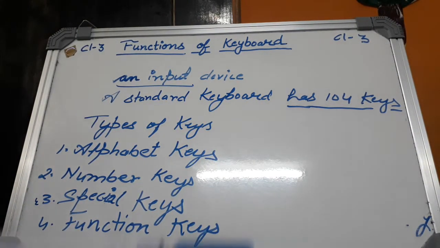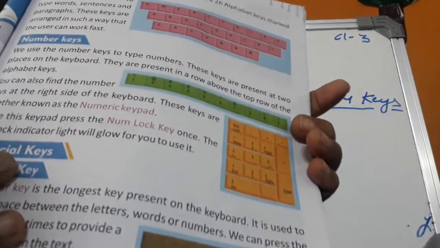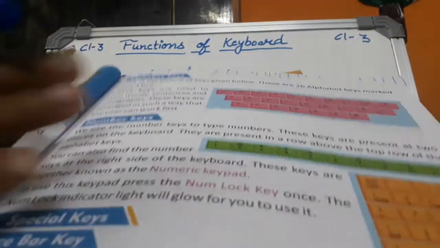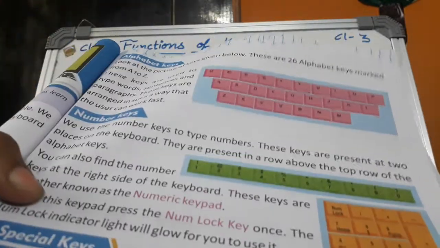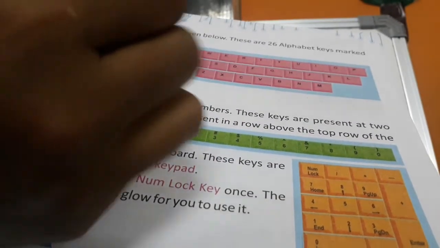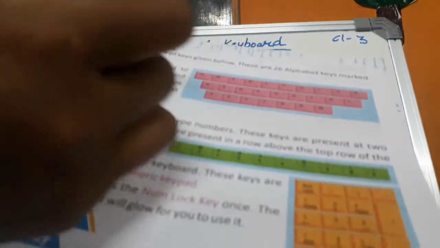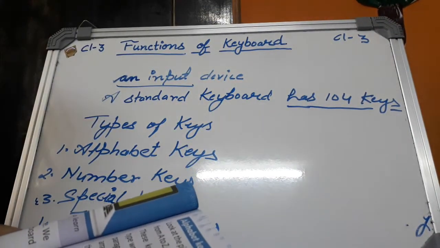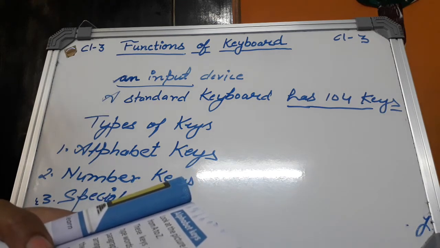Alphabet keys. Now see here, here's the picture of the alphabet keys. Look at the picture of keys given below. These are 26 alphabet keys marked from A to Z. These keys are used to type words, sentences and paragraphs.